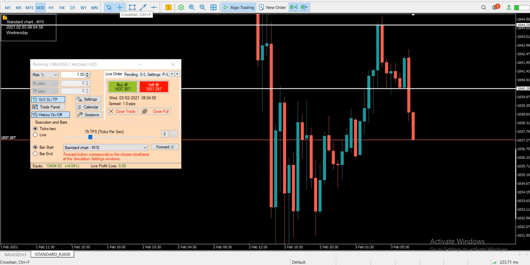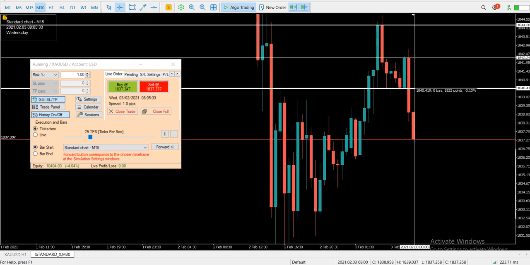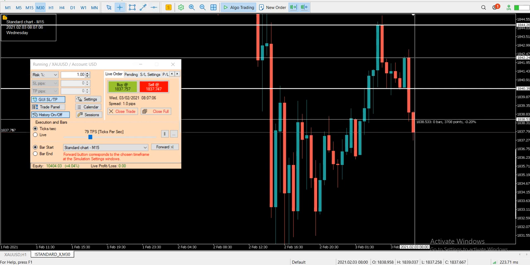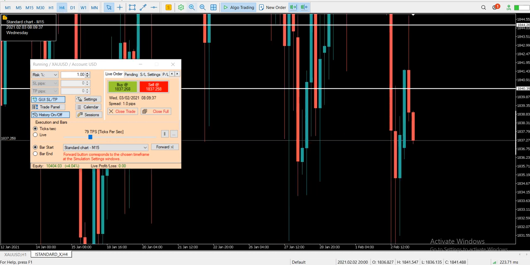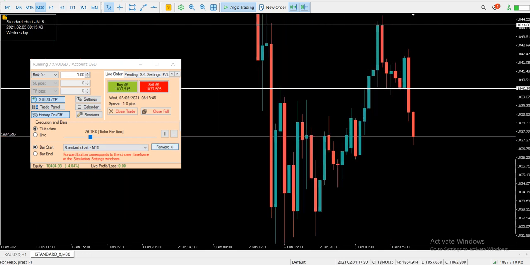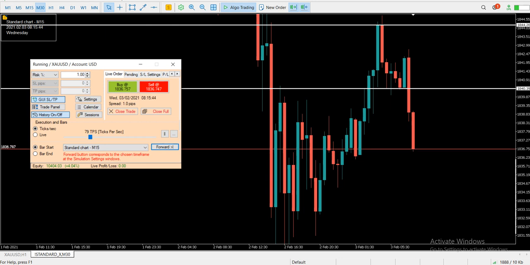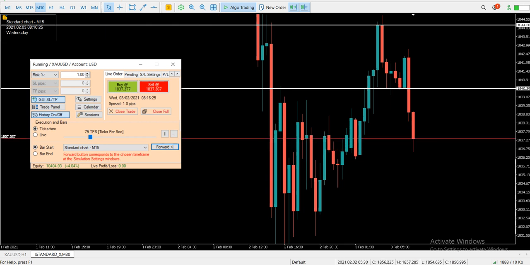This candle has moved about 36 pips. Okay, it wasn't that much, but this is the idea. And I think this idea is not going to work. But if I get some sort of retracement, then definitely I'll look for sells.